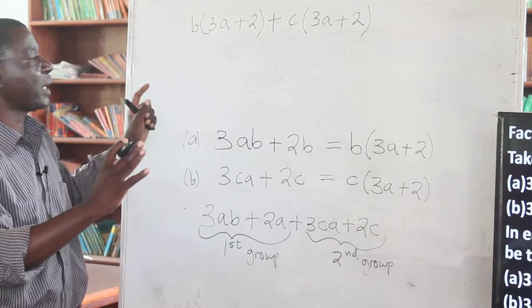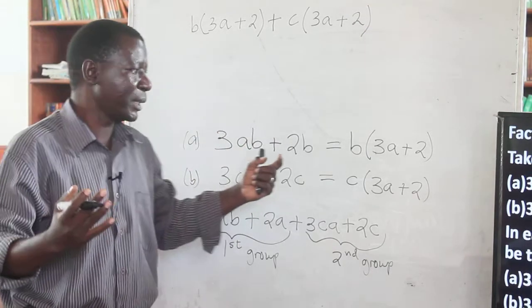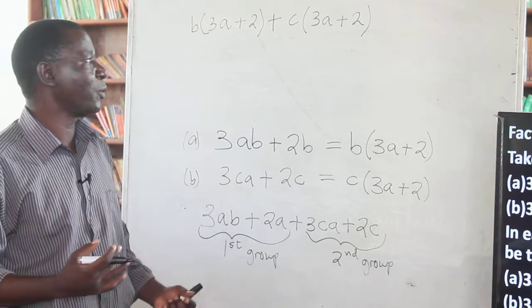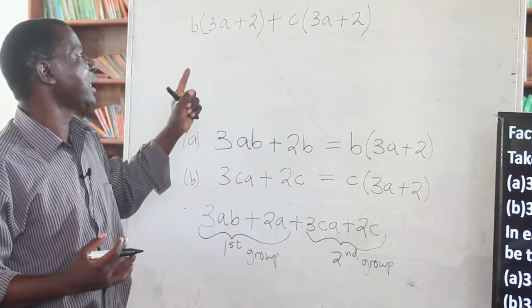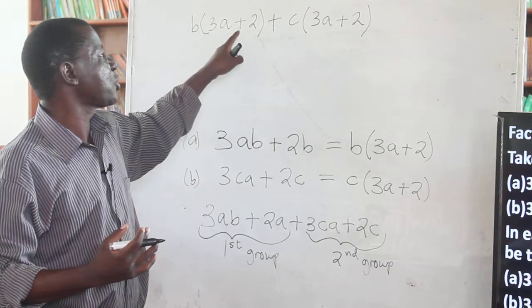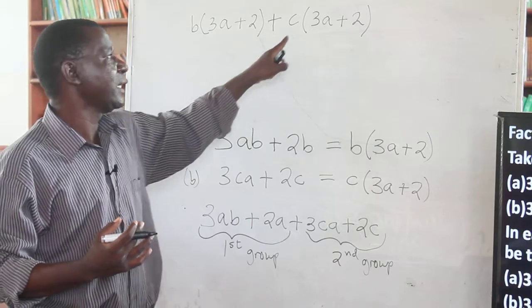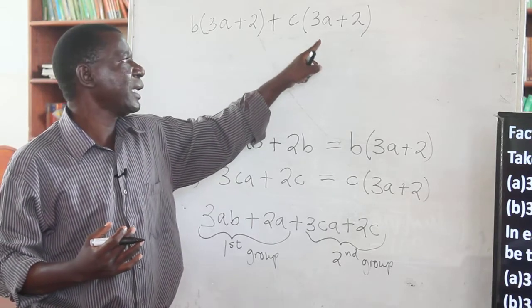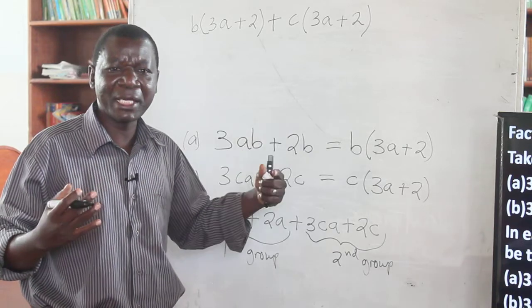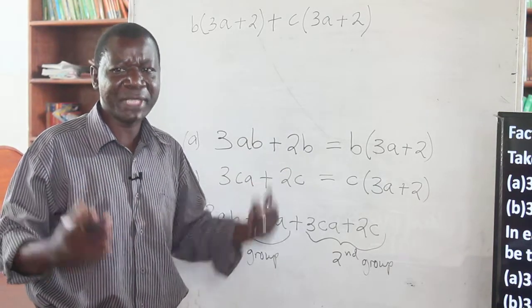Now we have factorized them by grouping. We have factorized the first group and then we have factorized the second group. But then the other thing is, in the first group 3a plus 2 appears. In the second group we also have 3a plus 2 appearing, which again forms another common term.